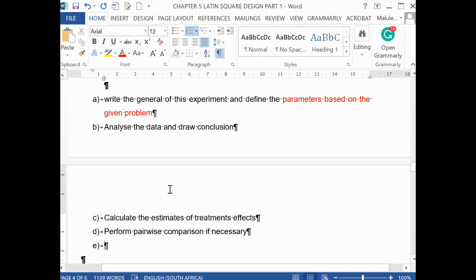Sir, let's generate questions, right? From the guide when we have a missing value, I saw something that the LSD formula will change. Is that true? When we have a missing value under Latin square.